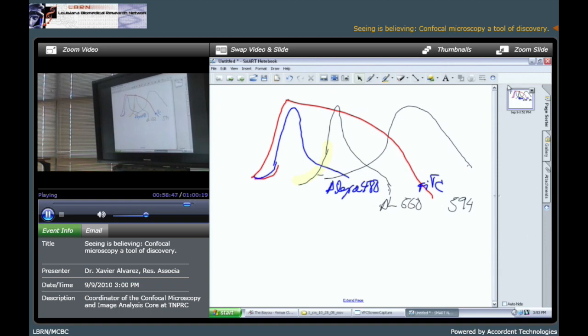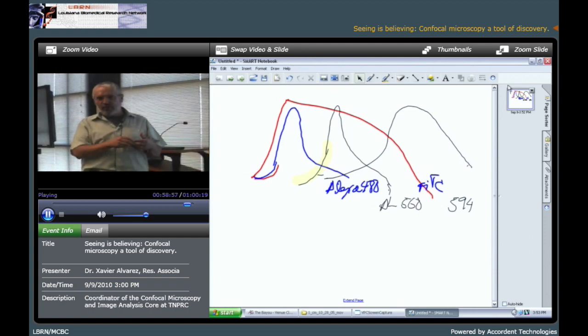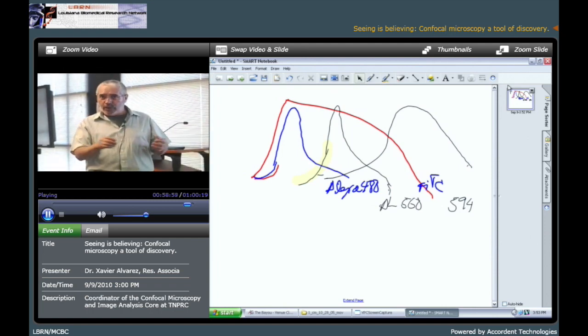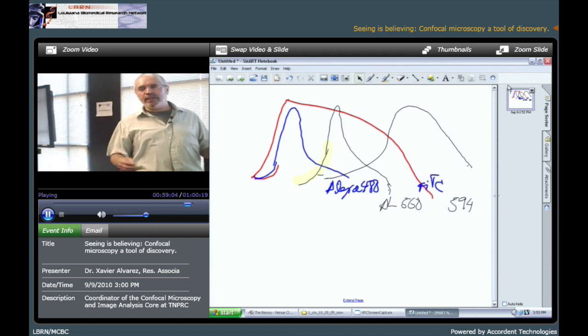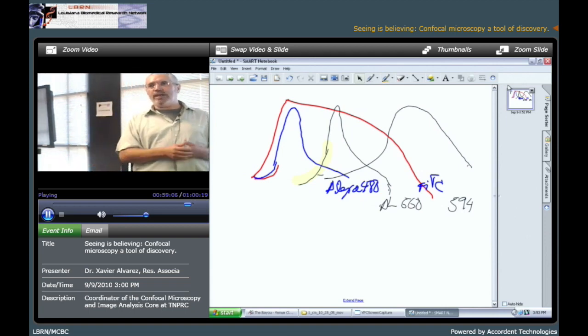FITC is susceptible to pH changes, and if you put in anti-quenching agent, it's okay. But a lot of people prepare it wrongly, or they use just PBS, and then it quenches faster.